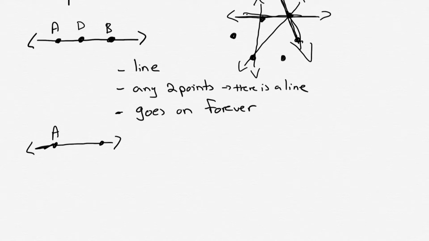So we have our A and our B point. So this area right here between A and B is a line segment. What does that mean? So we've already said up here that between any 2 points is a line. So A and B, they're on a line. A segment of the line is just a piece of it.